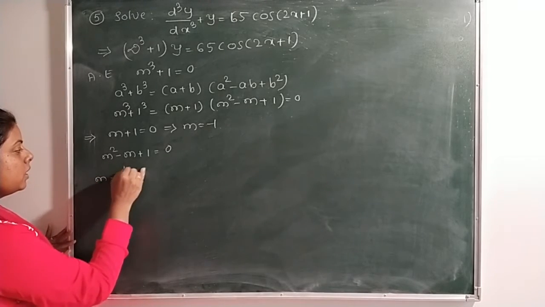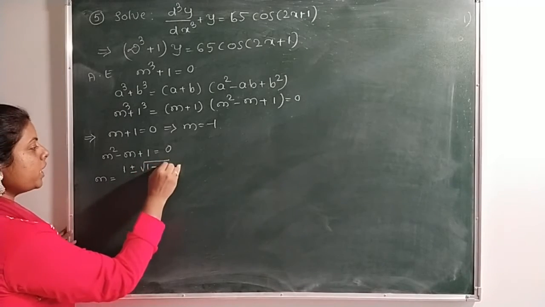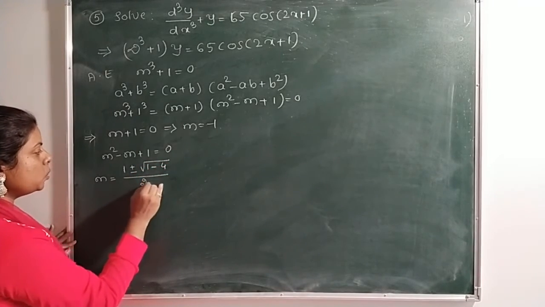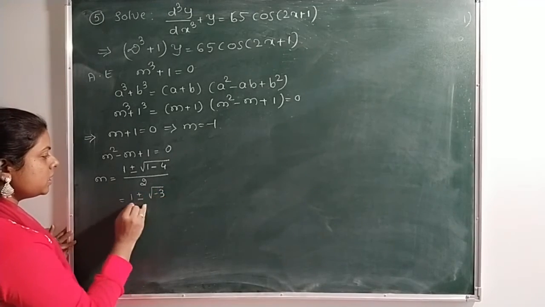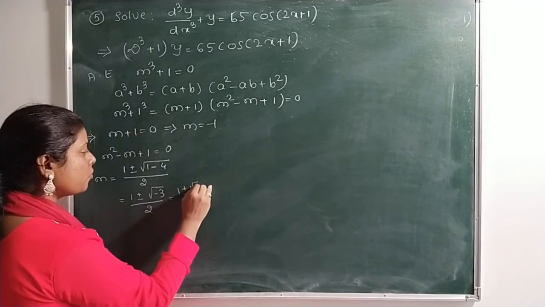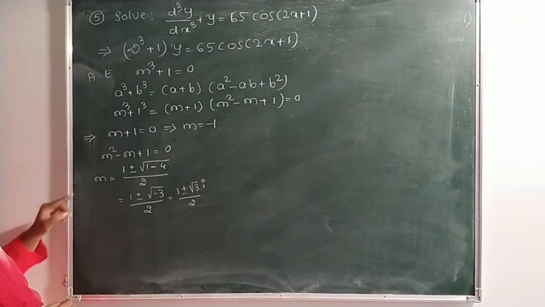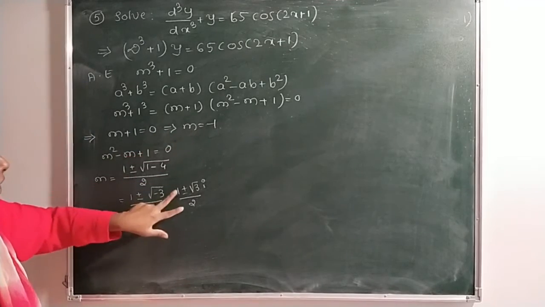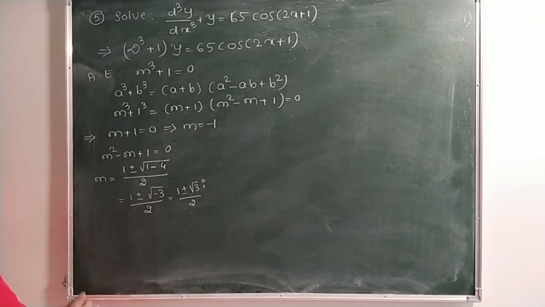Minus b plus or minus square root of b square minus 4ac divided by 2a. This becomes plus or minus square root of minus 3 divided by 2, that is plus or minus root 3 i divided by 2. Here we got one root and here we got two roots, meaning for a cubic equation we get three roots.